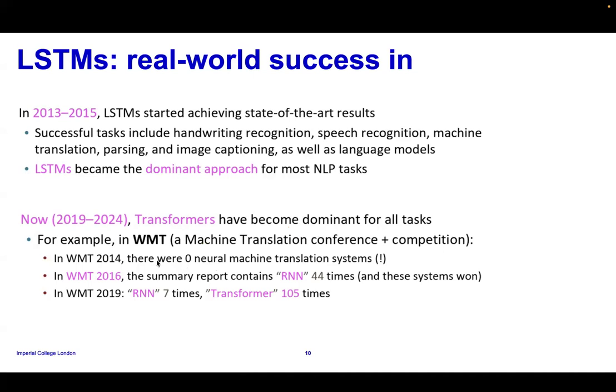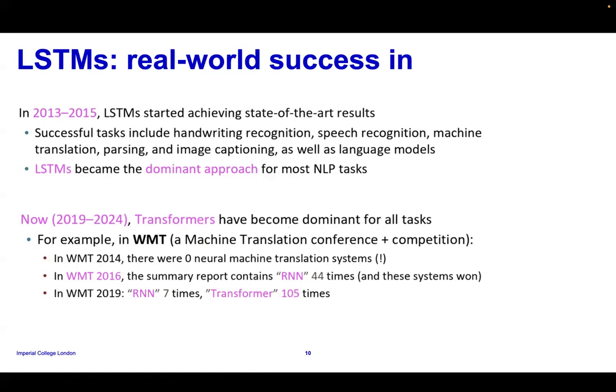For example, if you look at WMT, which is basically the machine translation conference or shared task, in 2014 there were zero neural machine translation systems. That means in 2014 there was even no LSTM or RNN, because LSTM and RNN are neural machine translation systems.